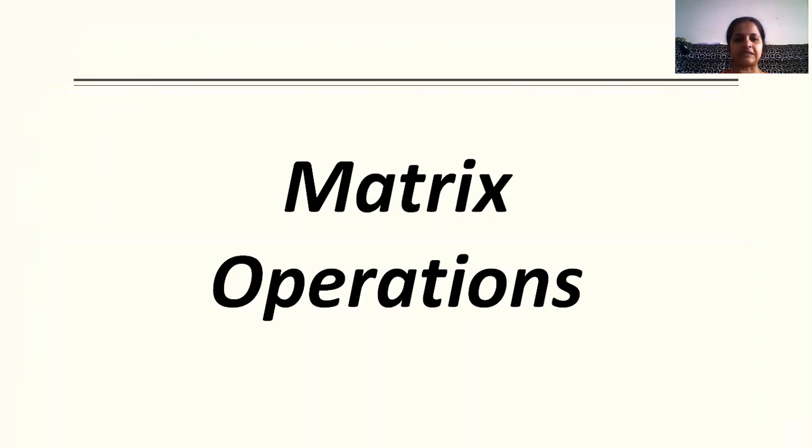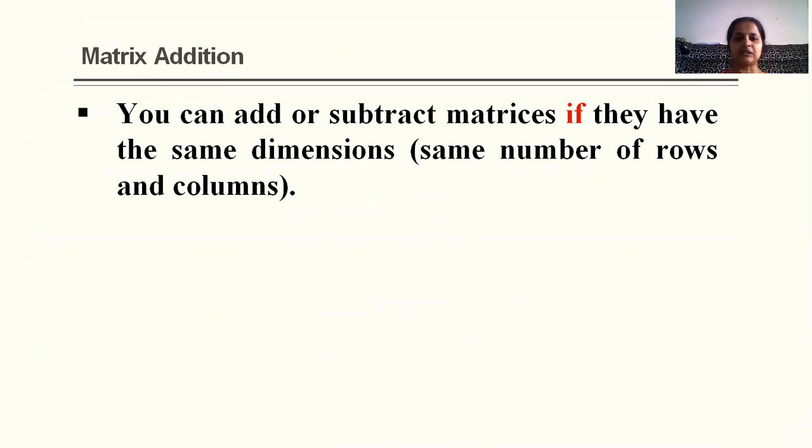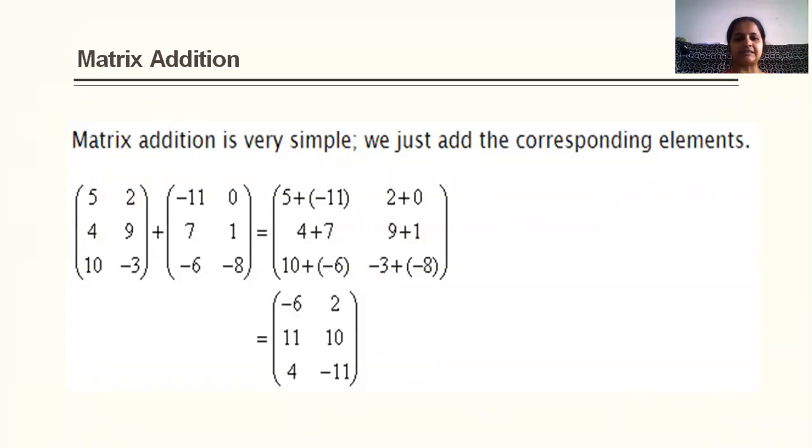First we will see matrix addition. You can add or subtract matrices if they have the same dimension, that is the same number of rows and columns. To do this, you add or subtract the corresponding elements, that is the numbers in the same positions. Here we can see an example of matrix addition.